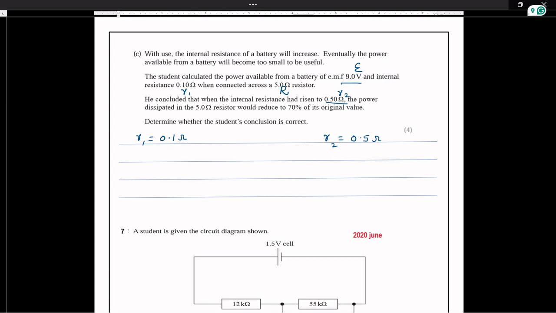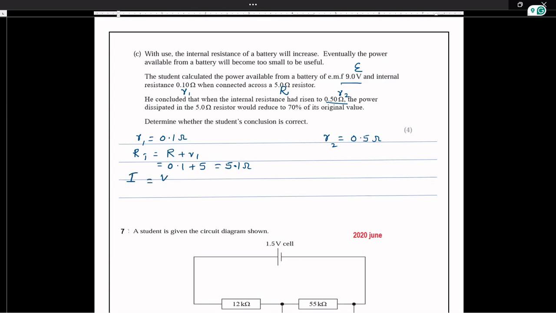R total is R plus R1, which is 0.1 plus 5 ohm, so 5.1 ohm is the total resistance we have. Therefore, we can calculate the current.